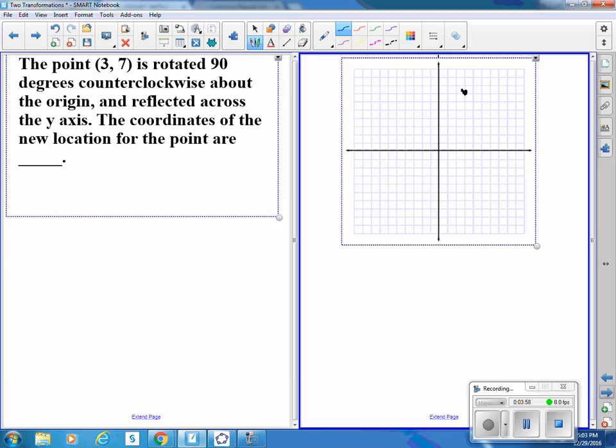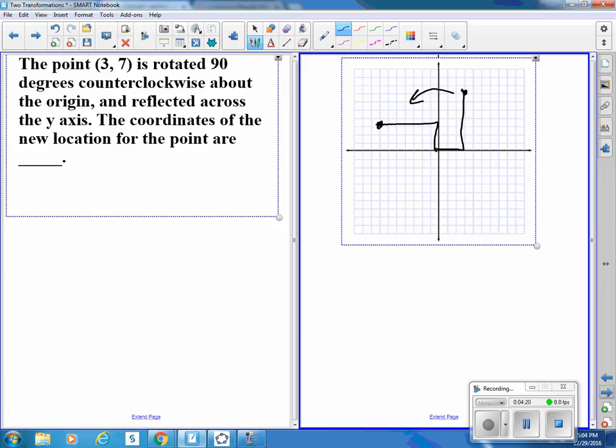And counterclockwise 90 degrees. So again, we're going that way, 90 degrees. So this shape of an L, (3, 7), will now be 1, 2, 3, 4, 5, 6, 7. So it's at that location right there, across the y-axis.